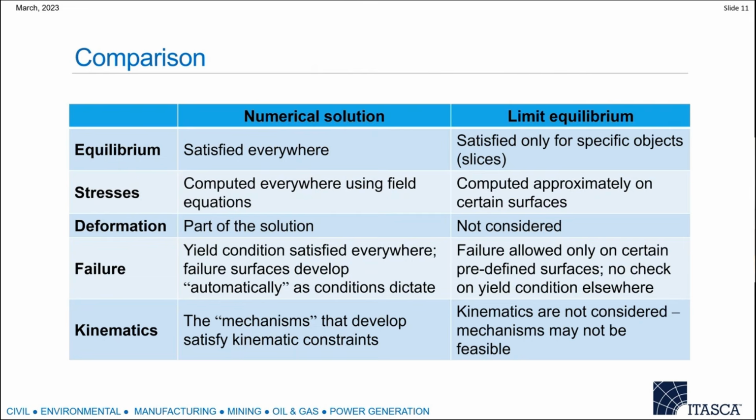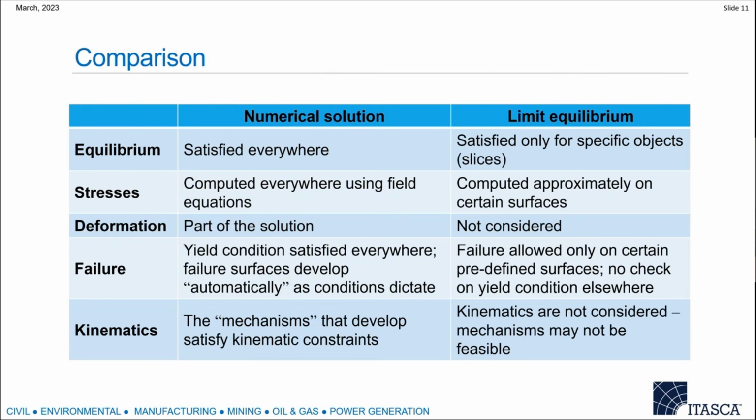For failure, the numerical solution satisfies the yield condition everywhere, and the failure surface develops automatically as conditions dictate. For the limit equilibrium method, failure is allowed only on certain predefined surfaces, with no check on the yield condition elsewhere.